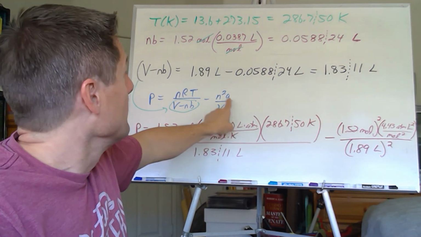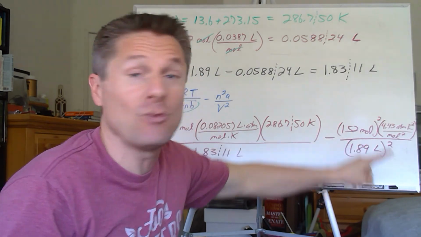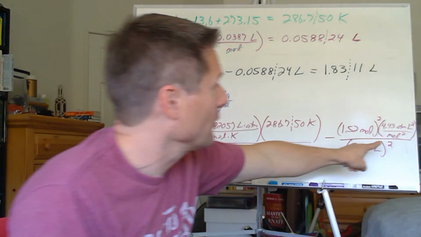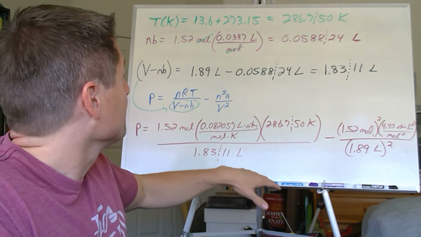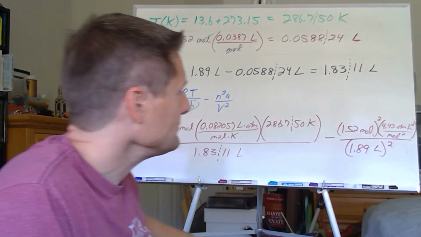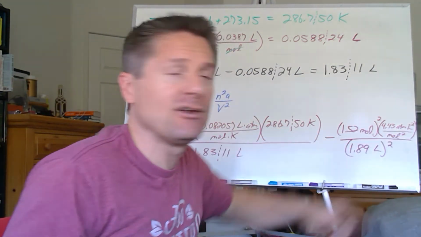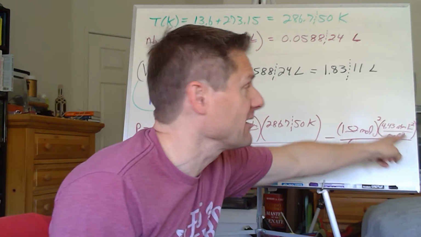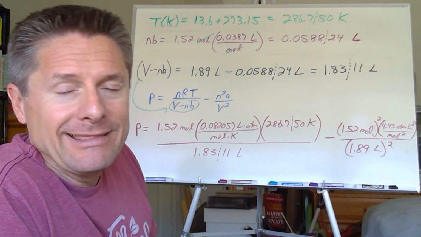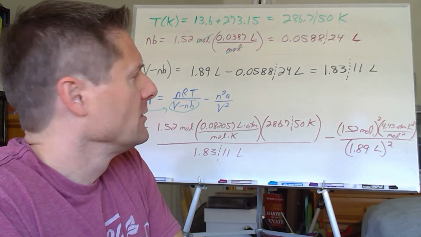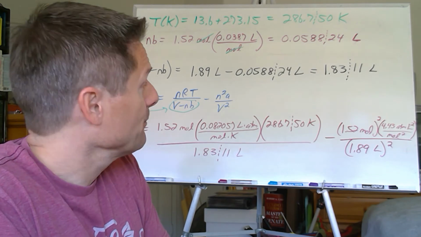And then we have to subtract from that the pressure correction for intermolecular forces, n squared a over V squared. So moles is 1.52 moles squared. You have to square the 1.52 and the unit moles. And a is 4.43 atmospheres times liters squared per mole squared. Sometimes you'll see that as bars times liters squared per mole squared, depending on if they're using the International Union of Pure and Applied Chemistry units of bar versus atmospheres that everybody else uses.